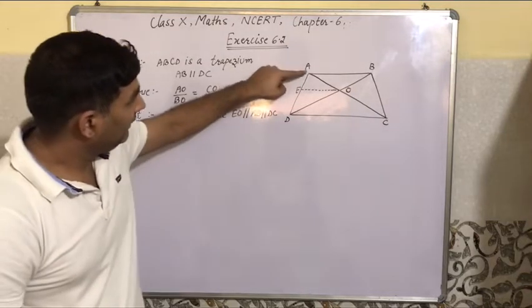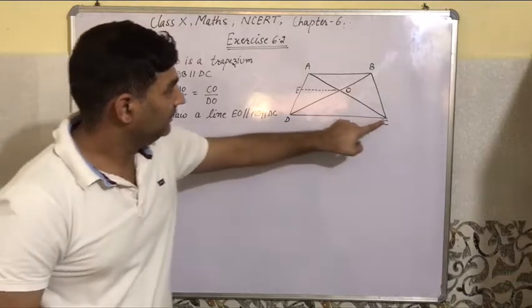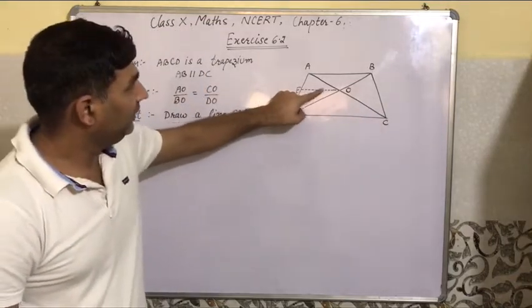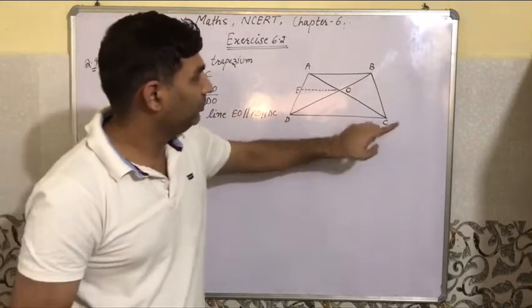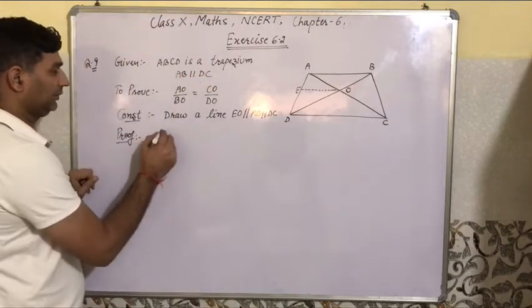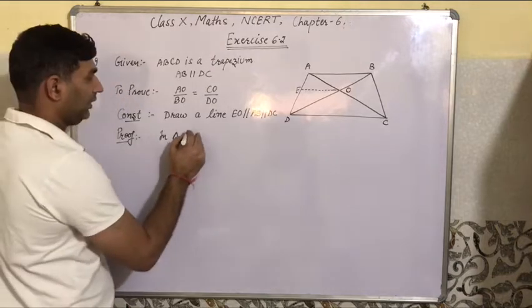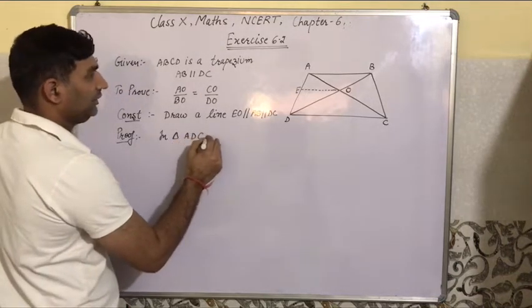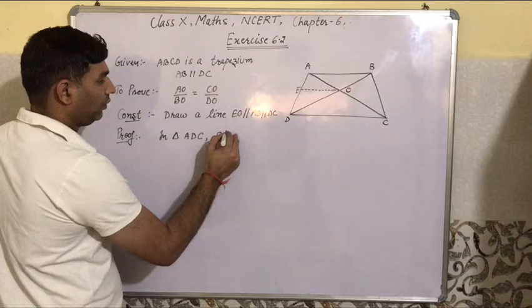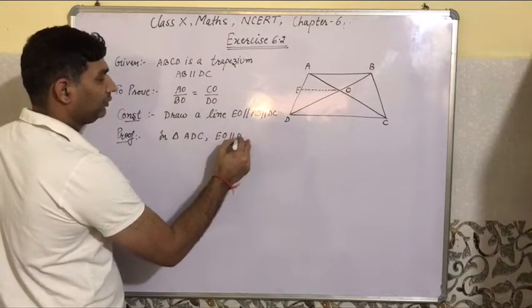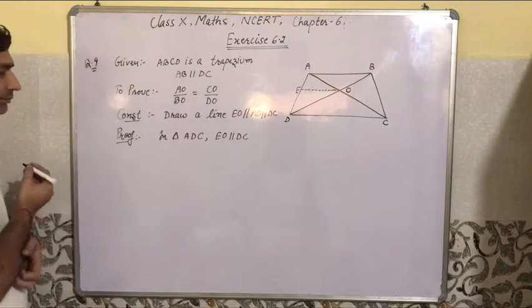In triangle ADC, EO is parallel to DC by construction.